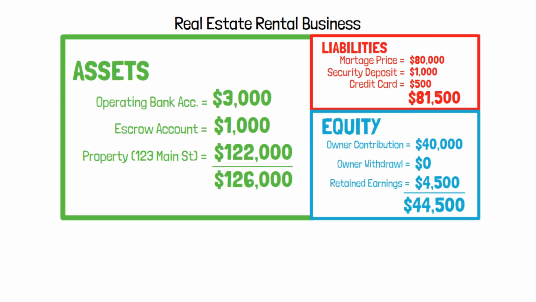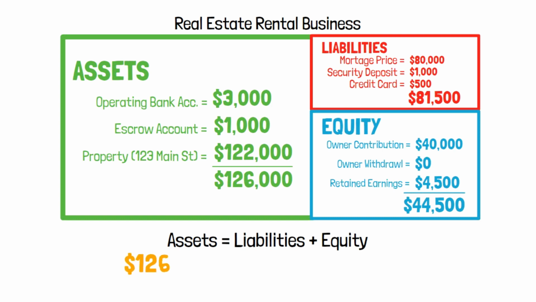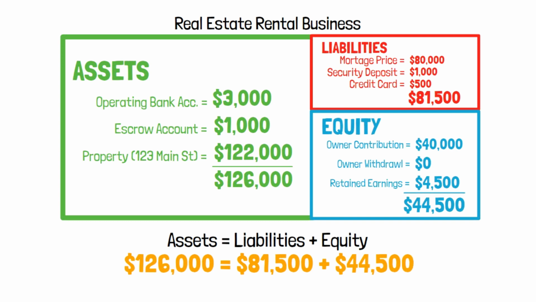From this simple example, you can see the accounting relationship in play. That is, the assets of the business is equal to the sum of the liabilities and the equity of the business. That is, $126,000 in assets is equal to the sum of the liabilities of $81,500 and the equity of $44,500.